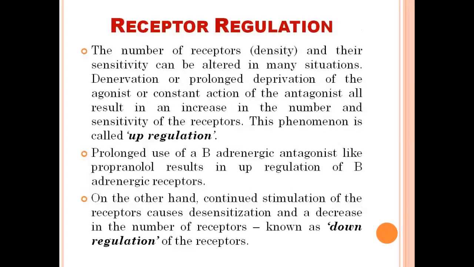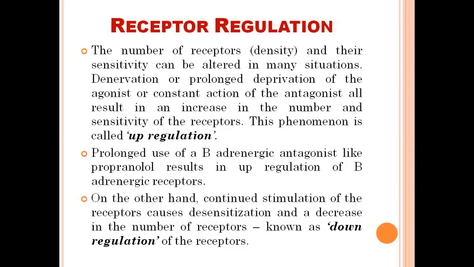Next, we see about receptor regulation. The number of receptors and their sensitivity can be altered in many situations. Denervation or prolonged deprivation of the agonist or constant action of the antagonist all result in an increase in the number and sensitivity of the receptors. So what is happening when there is constant deprivation of the agonist and constant action of the antagonist?